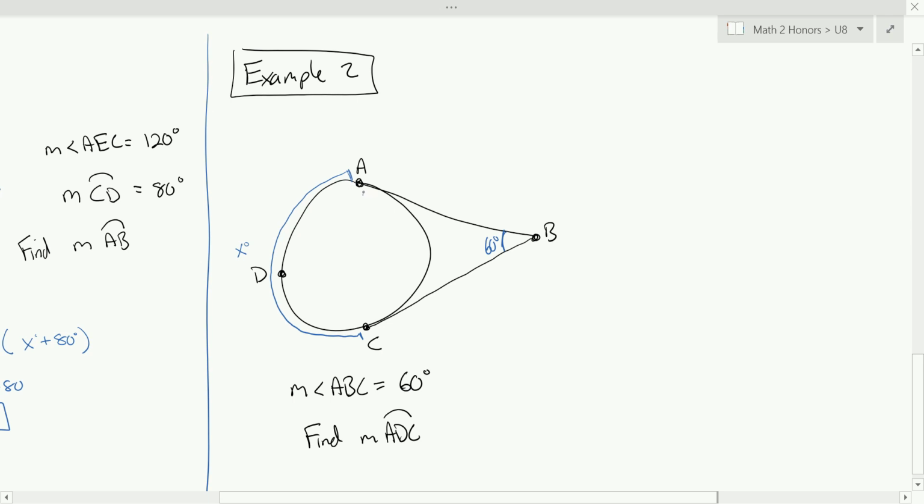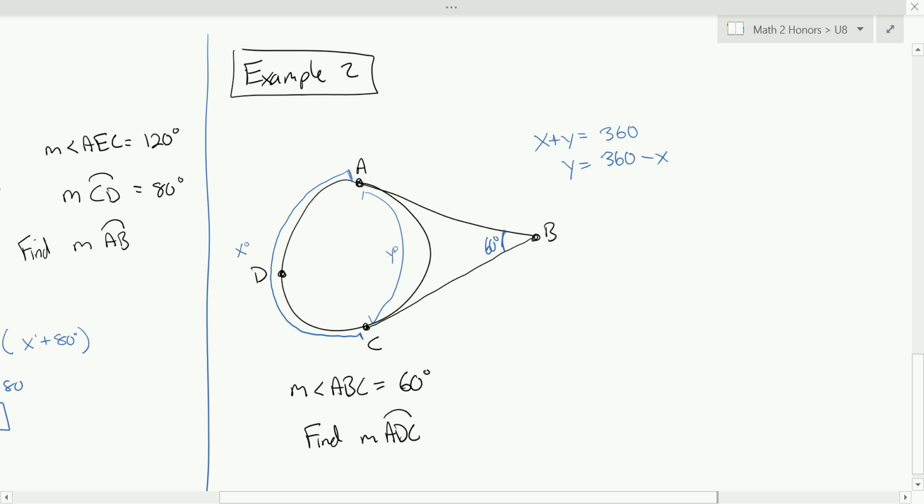Do we know what the minor arc from A to C is? We don't know that one. Maybe it will end up being 120, I'm not sure, but right now we don't know it. But if I call this y, we do know that x plus y is 360. That makes a full circle. So y is 360 minus x.